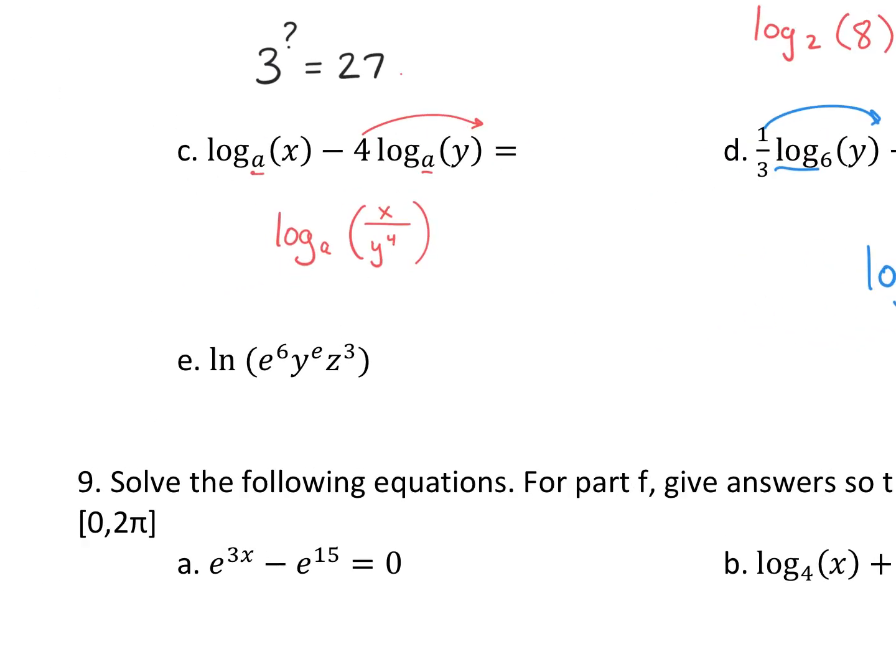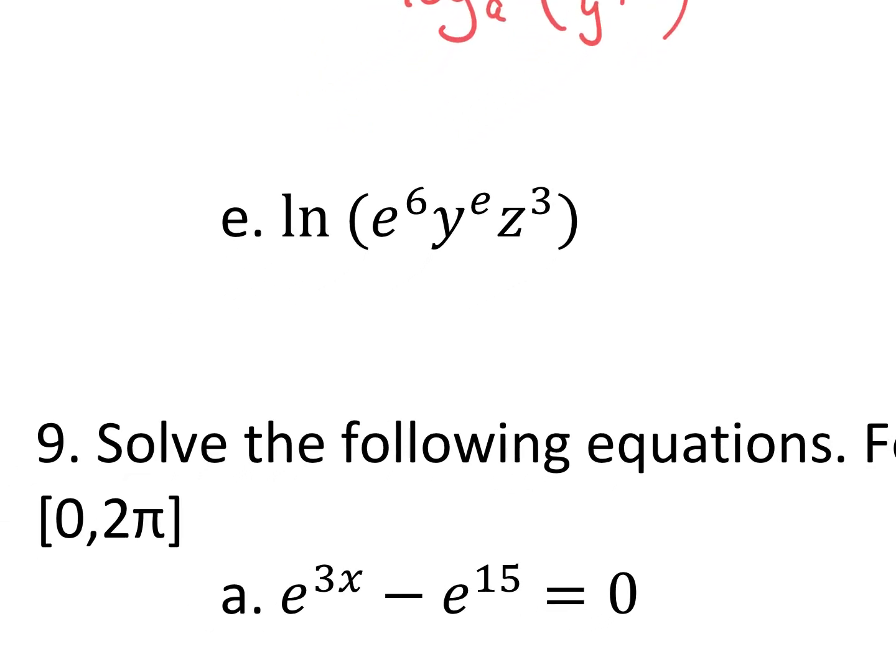One more here is finally problem E. So we're taking the natural log of all that we see here. So this is the same as the natural log of e to the sixth plus the natural log of y to the e plus the natural log of z to the third. So we're going to keep simplifying this.